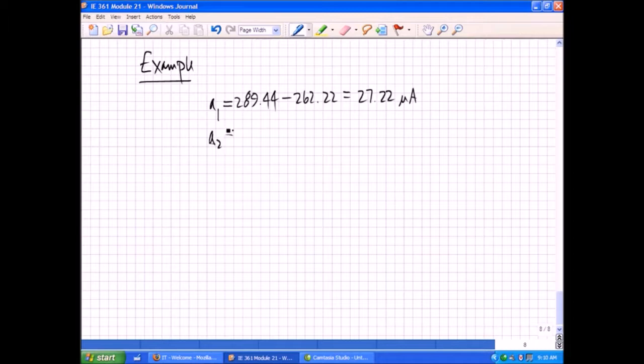The fitted effect for glass number 2 is 235 minus 262.22, and that's minus 27.22 microamps.